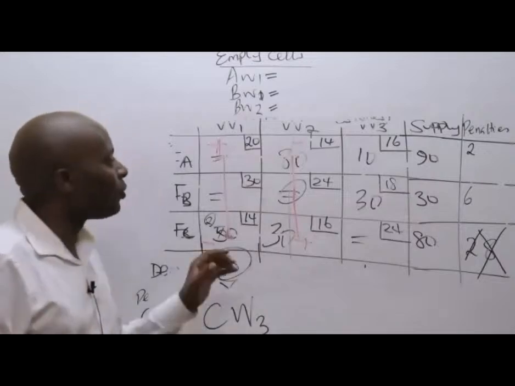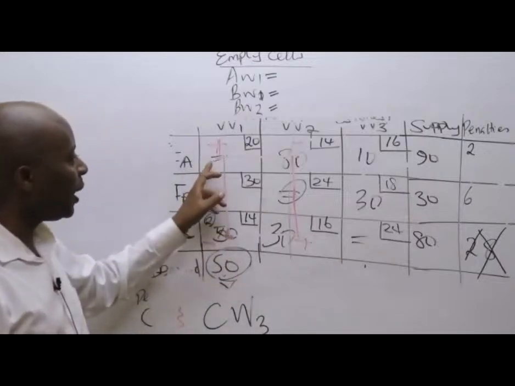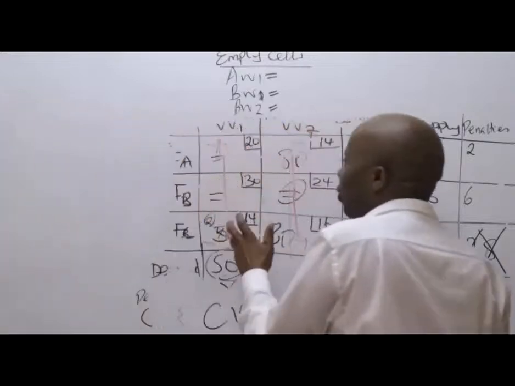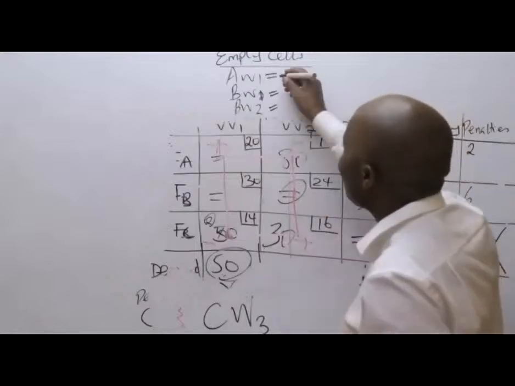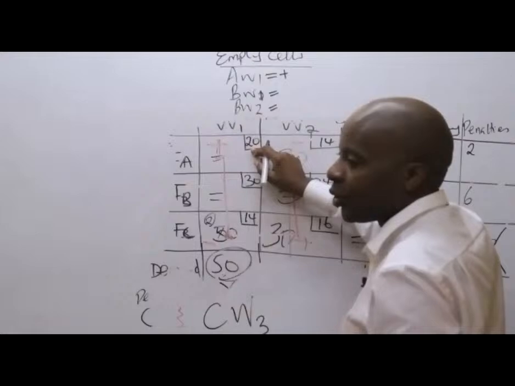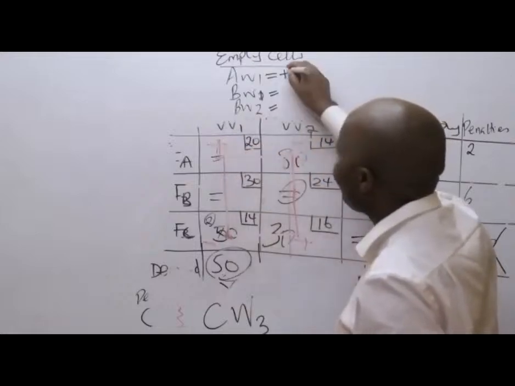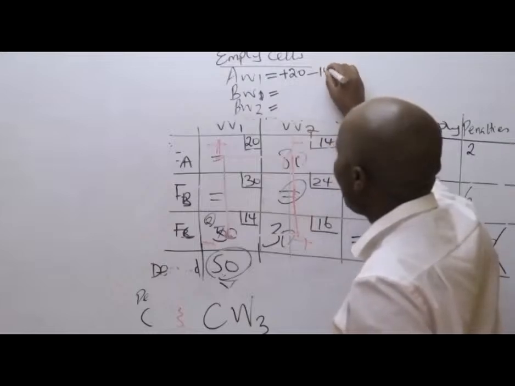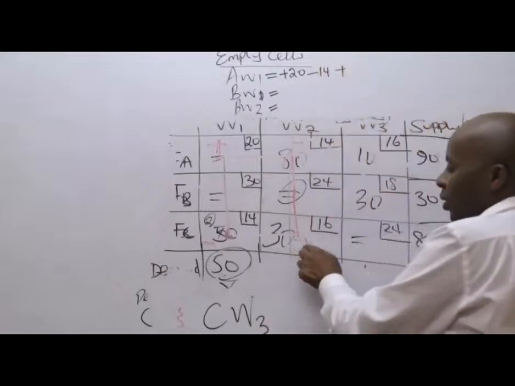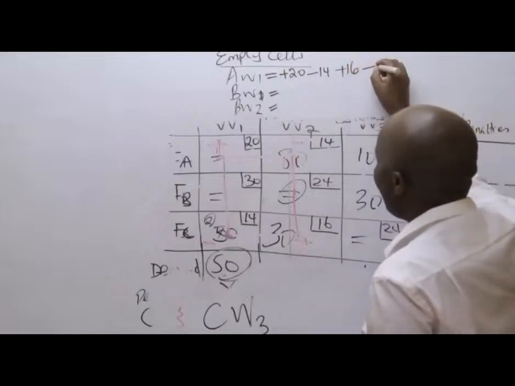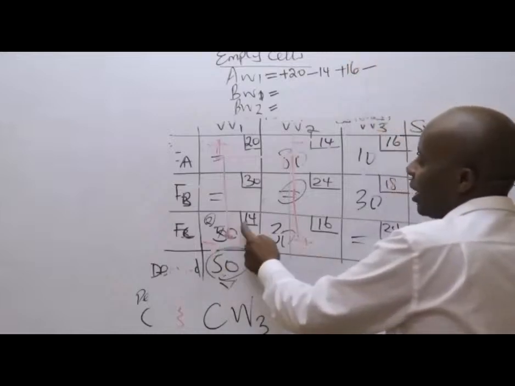To get my shadow price for this AW1, I'll start with my first sign and take the sign with the transportation cost. So I'll say plus 20. The next cell is minus 14. Plus, the next cell that has a sign is this, so plus 16. Minus 14.